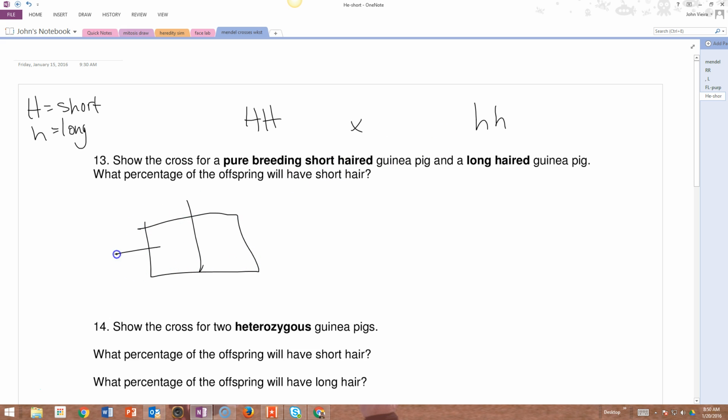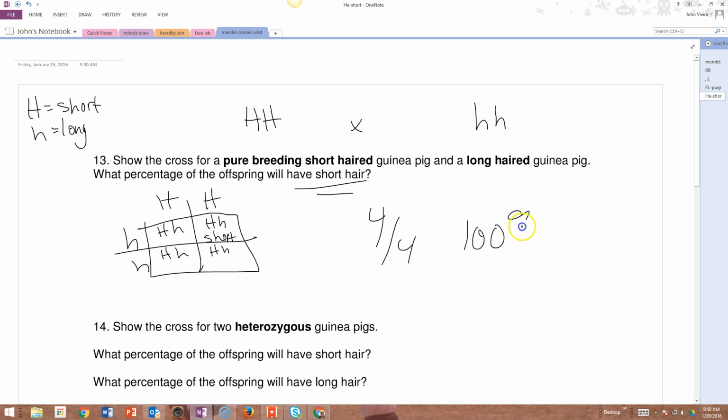We'll just do the Punnett square. They'll all be heterozygous, just like Mendel's P generation cross. That's all going to be short. 4 out of 4 will be short. That's 100%. Show the cross for two heterozygotes. That's going to be this.